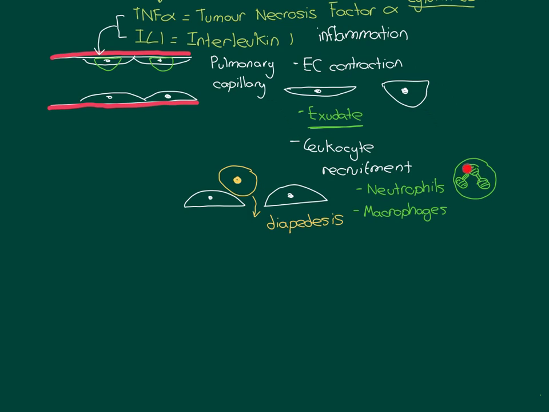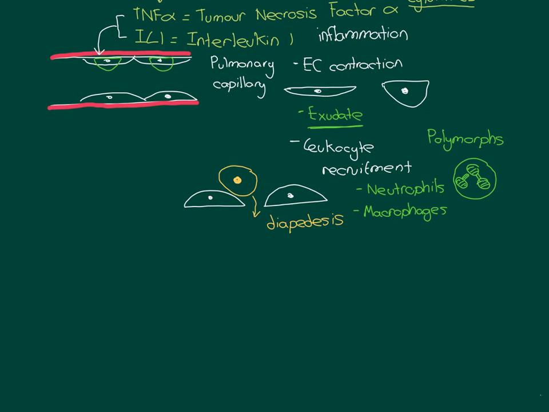Now they can have nuclei with more lobes than 3, so you can see neutrophils with 4 lobe nuclei or even 5 or 6 lobe nuclei. And for this reason, neutrophils have another name. They're often called polymorphs because of the many different shapes that their nuclei can take. Poly means many, morphs means shape.